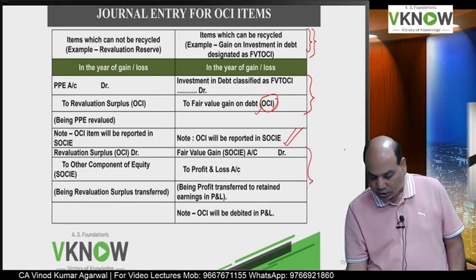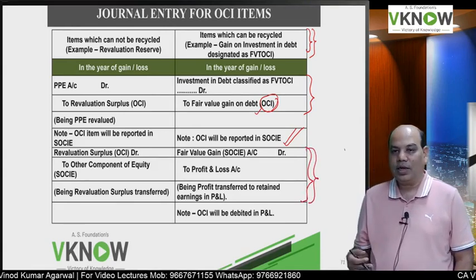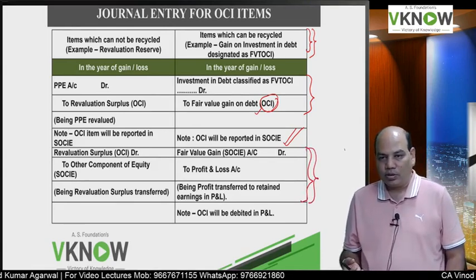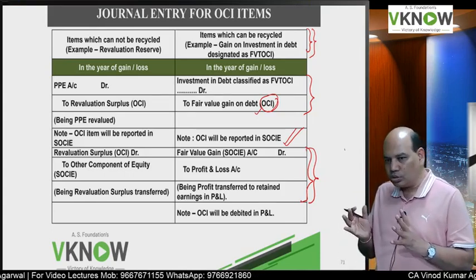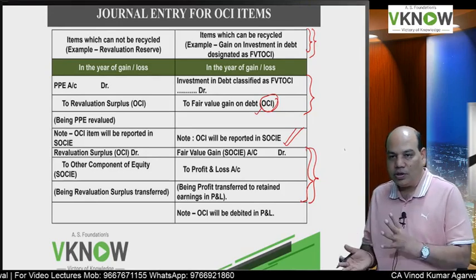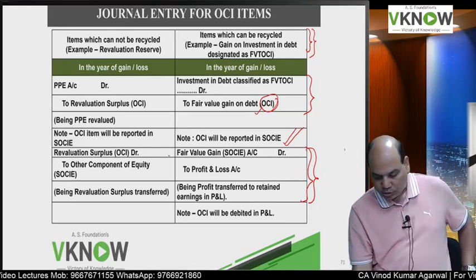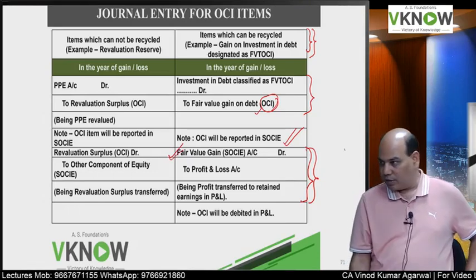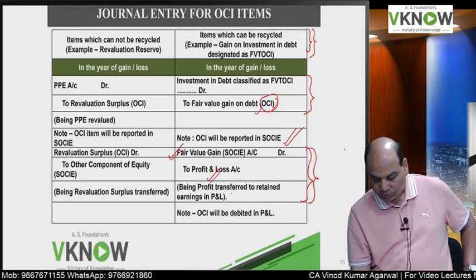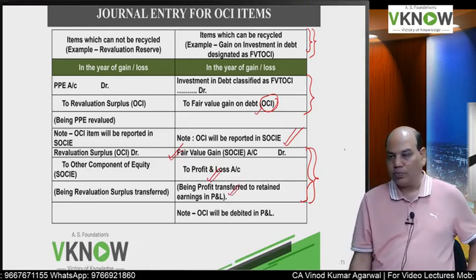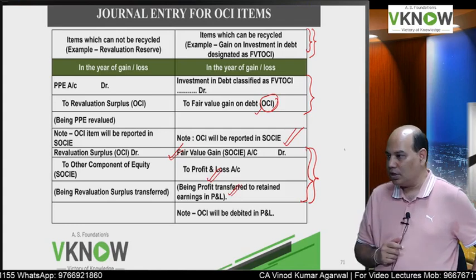Then in the year in which you are going to sell that debt instrument, whatever is the balance lying in OCI will be recycled to P&L account. So fair value gain will be debited, and in your P&L account you will present one line item, reclassification gain.